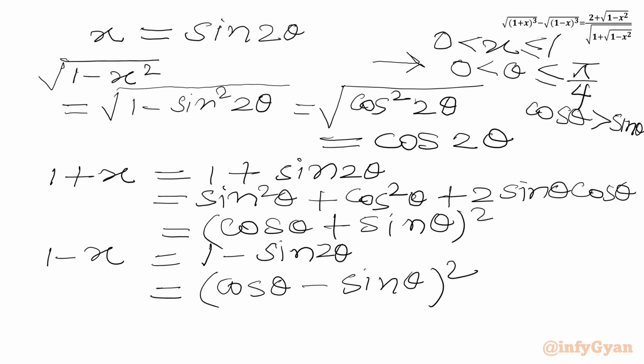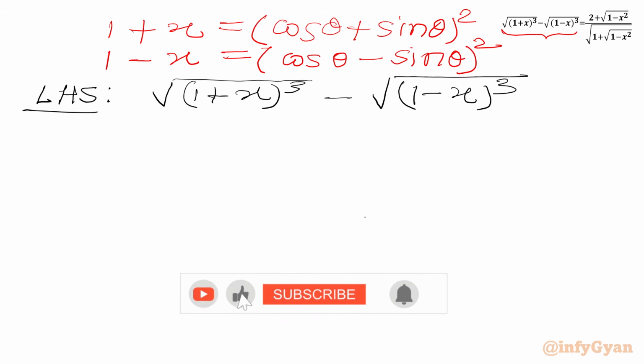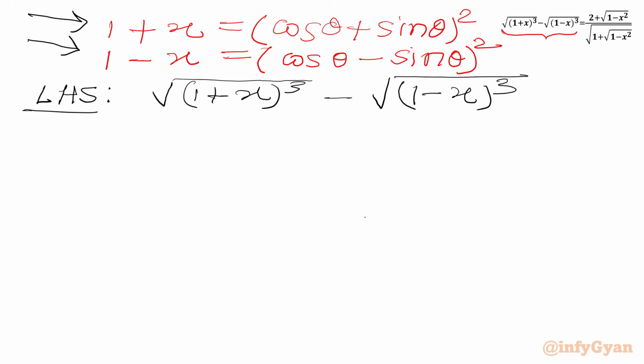Now we have square root 1 minus x square, 1 plus x and 1 minus x. Let's find out LHS first. Our first result is 1 plus x. Second result is 1 minus x. So both results are here. LHS is written over here.